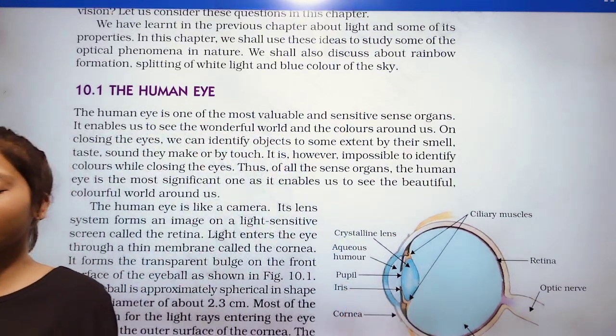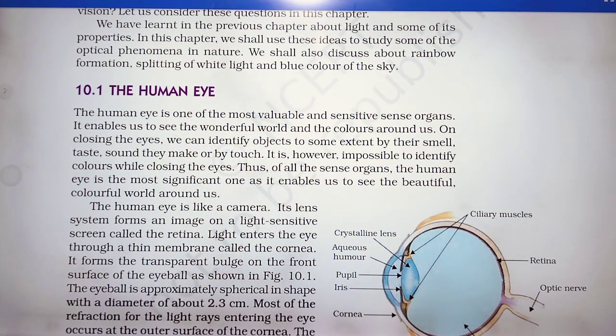So with the help of the eye we can see what is around us and what color it is. On closing the eyes we can identify objects to some extent by their smell, by taste, by the sound they make, or by touch.